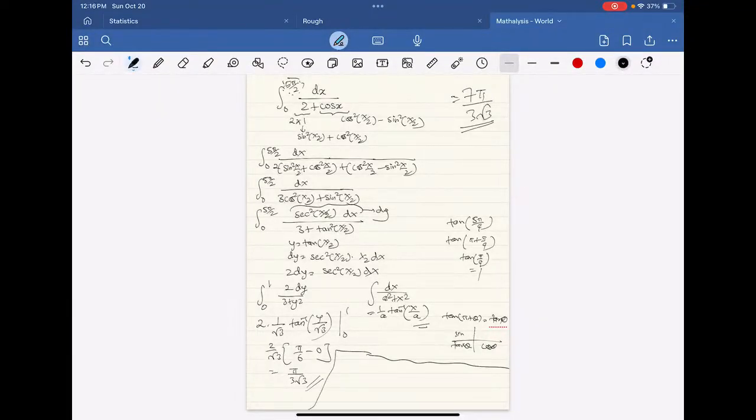Okay, then the graph will be, since this is 2 plus cos x, at 0 that's 1 by 3. So let's draw the cos x.